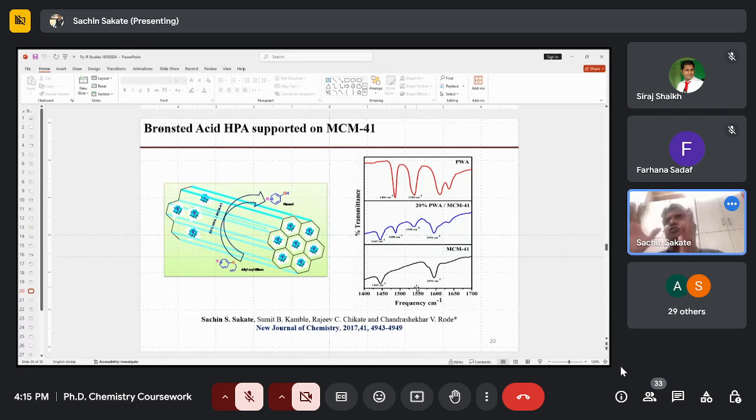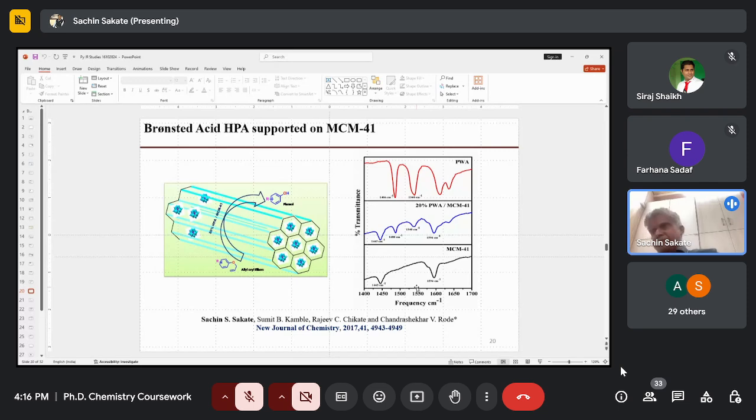So you are claiming that instead of using the homogeneous catalyst, only phosphotungstic acid, you can use the active species phosphotungstic acid on the support MCM 41, which will give you 20% phosphotungstic acid supported on MCM 41.